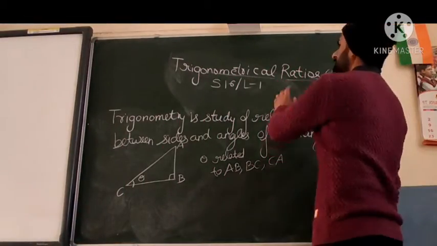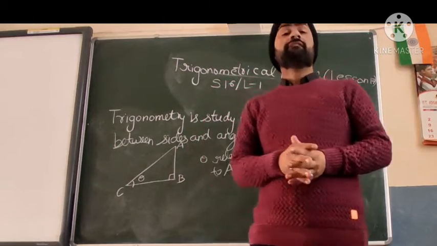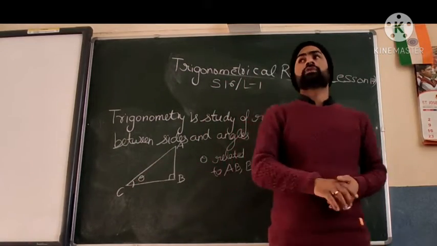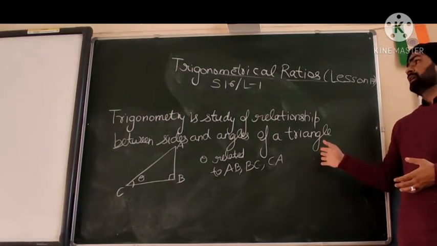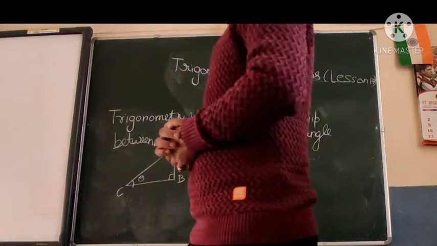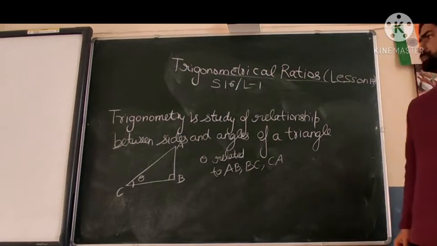So let's see what those ratios are. Basically we say trigonometric ratios. There are some ratios which will relate the angle and the sides. There are three types of ratios that will be relating the angle and the side. Okay, how are these ratios there? Let's see. I will be introducing them to you.